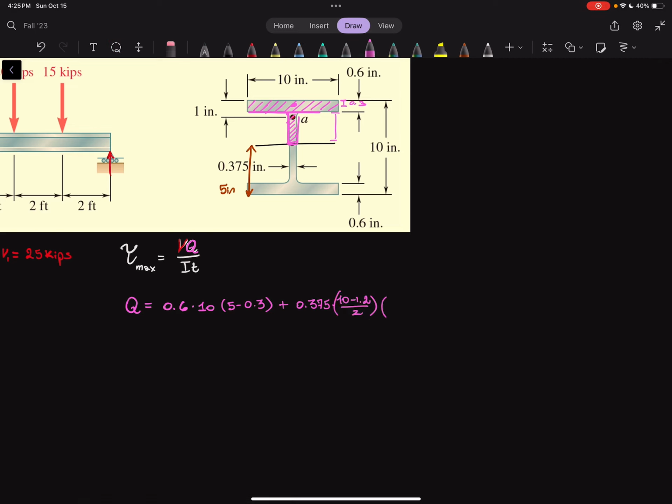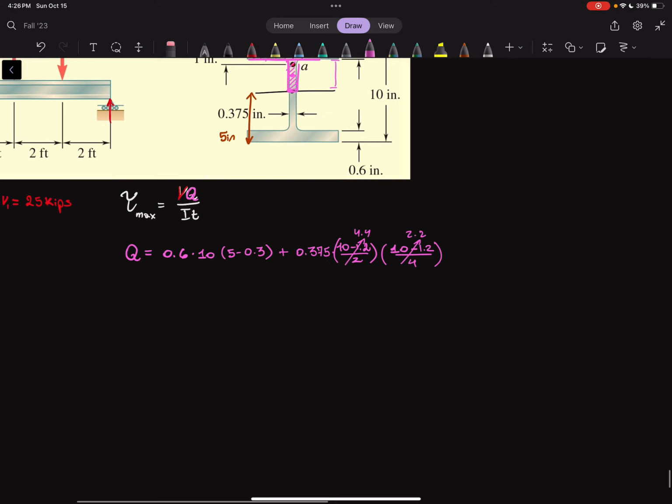Then we multiply by where the centroid of this is, at halfway of our height, so 10 minus 1.2 over 4. If I subtract 1.2, I get 8.8 divided by 2, so that's 4.4, and this is 2.2.